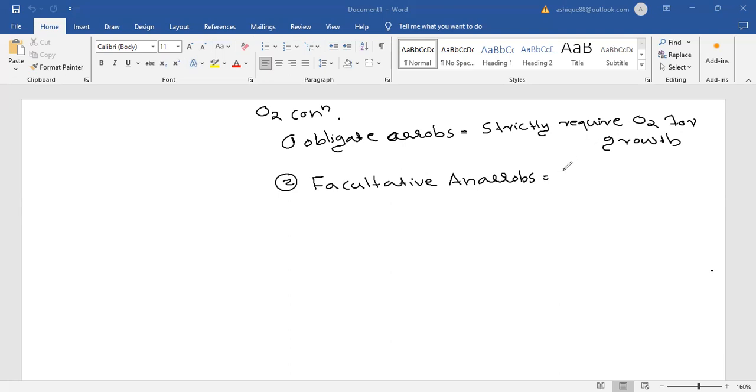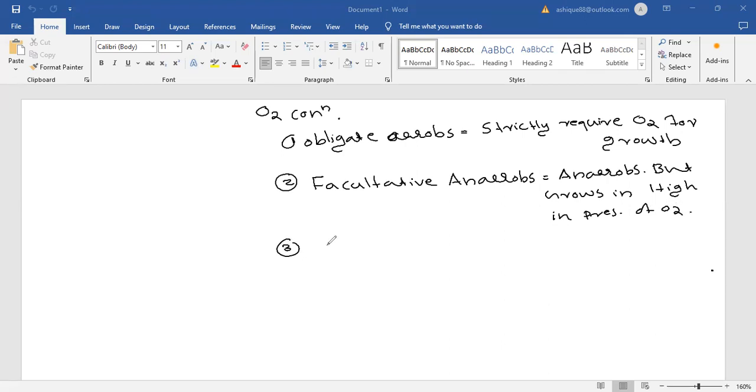They are anaerobes, that is, they can grow in the absence of oxygen, but they grow better in the presence of oxygen. That can be called facultative anaerobes.